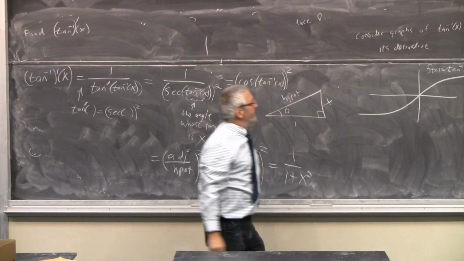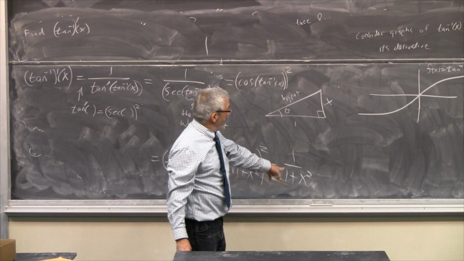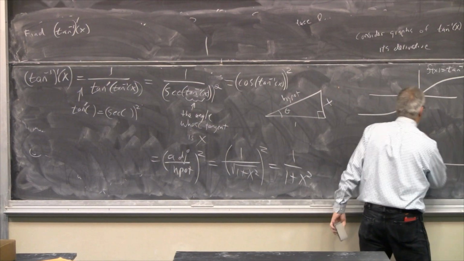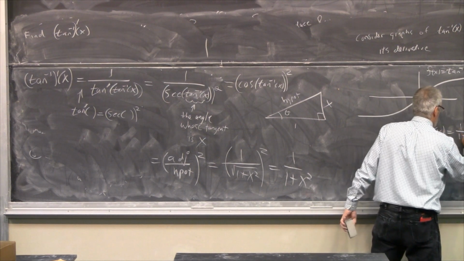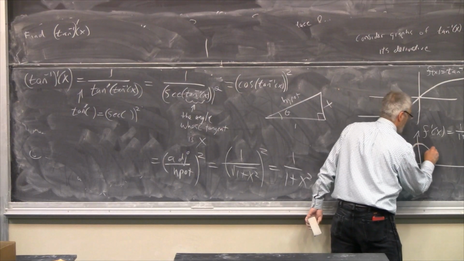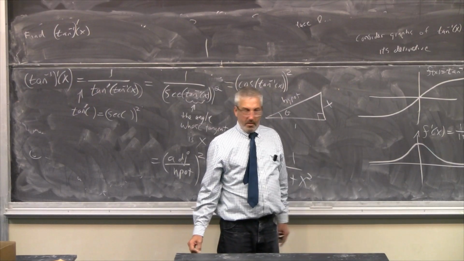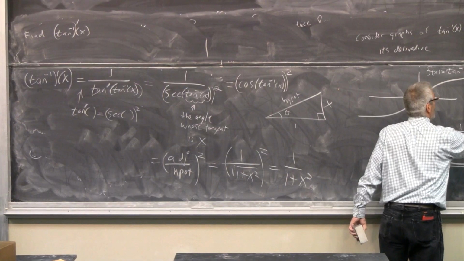So there's the graph of f of x equals tan inverse of x. Now we just found that f prime of x equals 1 over 1 plus x squared. Turns out that this graph looks like so. And so we get from here to here by taking the derivative.